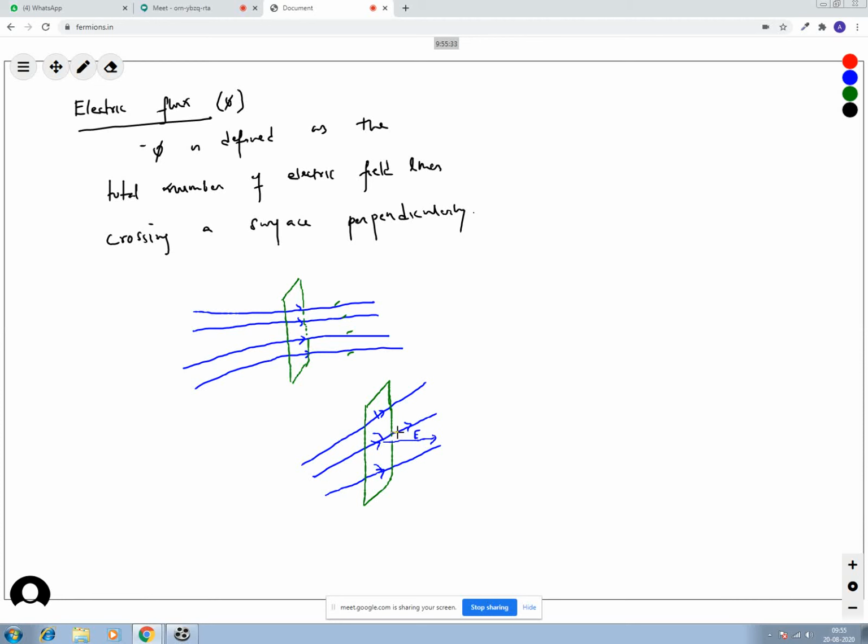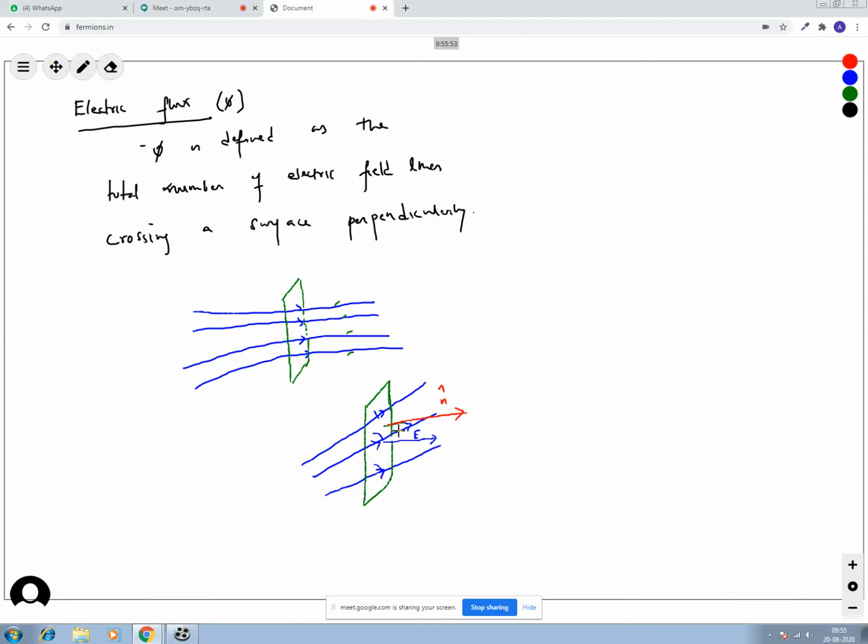You have to take the component of electric field that is perpendicular to the surface. If I draw a normal here, this normal gives me the direction of the area vector, n cap.